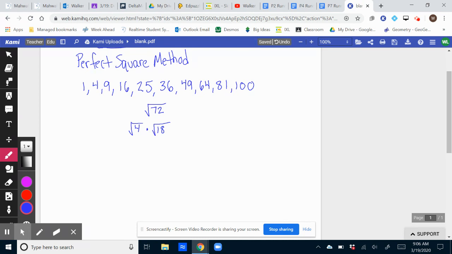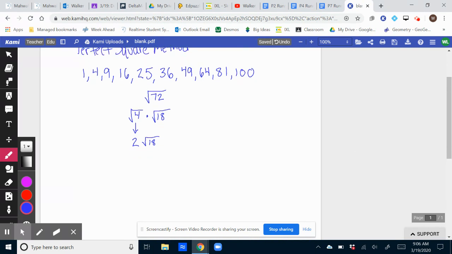Now, the reason that you do that is because the square root of 4 is just the whole number 2. So now you've gotten rid of one of those radicals. Okay, now the next question is, can 18 break down into a product of two radicals so that one of these perfect squares goes into 18? Let's see. 4 does not go into 18, but 9 does.